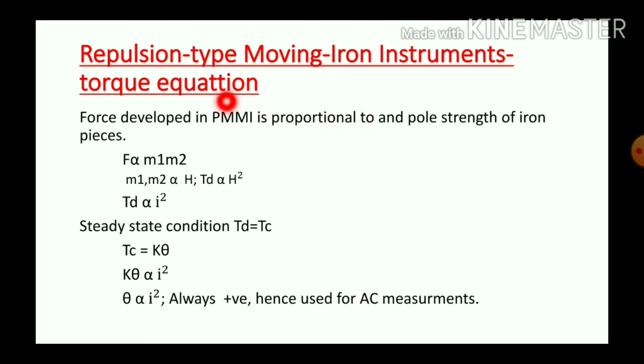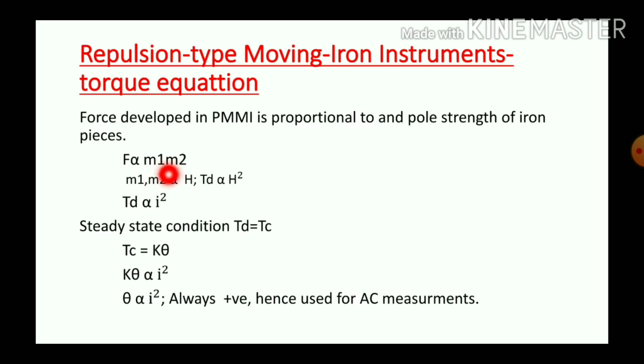Move on to the torque equation. The force developed in a moving iron instrument is proportional to the pole strength of the iron pieces. Here we have two iron pieces. Let M1 be the pole strength of the first iron piece and M2 that of the second piece.